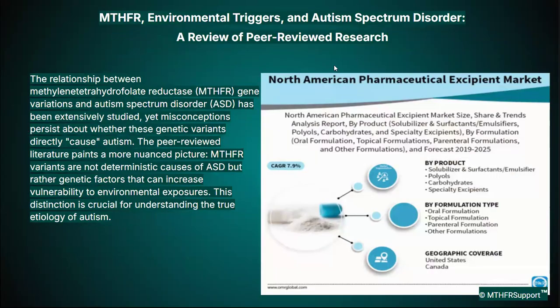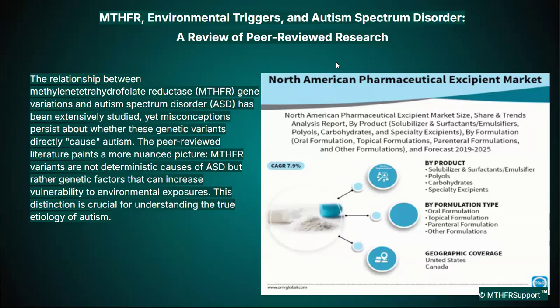MTHFR, environmental triggers, and autism spectrum disorder: a review of peer-reviewed research. The relationship between methylenetetrahydrofolate reductase, MTHFR, gene variations and autism spectrum disorder has been extensively studied, yet misconceptions persist about whether these genetic variations directly cause autism.